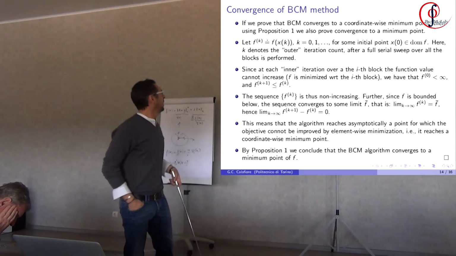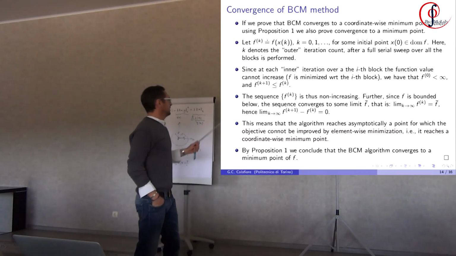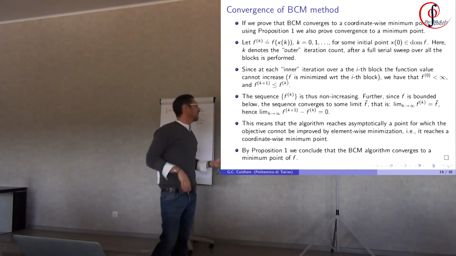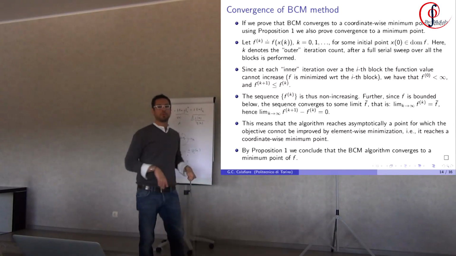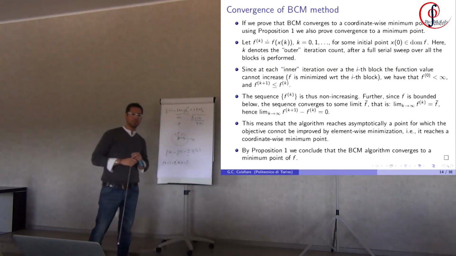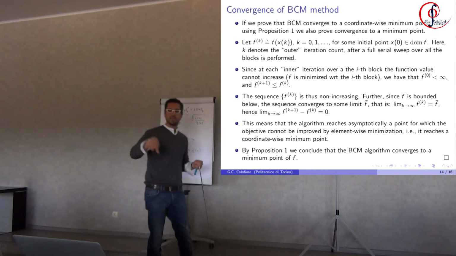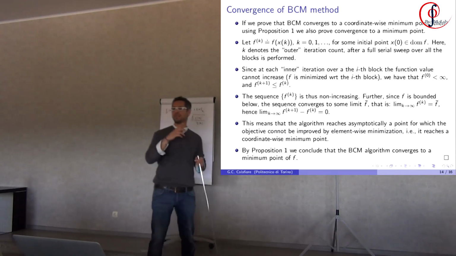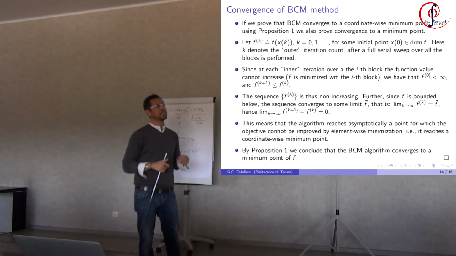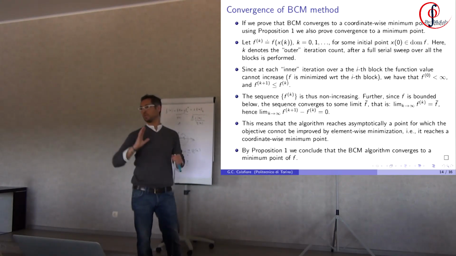All right, so this is more or less the sketch of proof now of the fact that, due to this equivalence between minimum and coordinate-wise minimum point, we can see that the sequential method of updating the variables, it's not difficult to understand that it converges to a coordinate-wise minimum point.